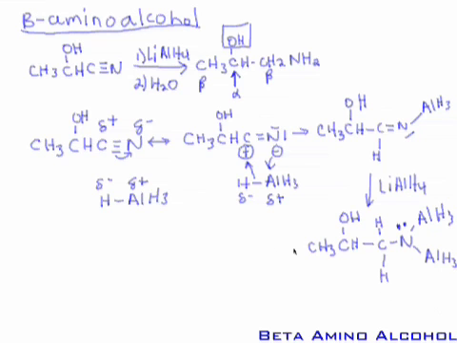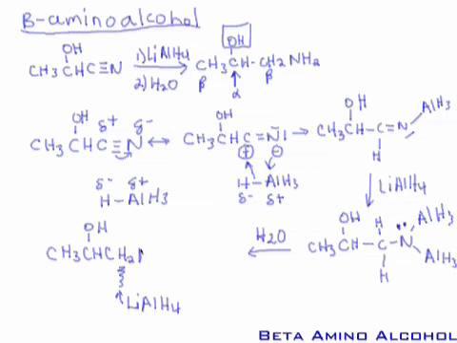The final addition of water hydrolyzes the aluminum, breaking it down into aluminum oxide salts, water-soluble salts, and protonates nitrogen, giving you your final β-aminoalcohol. So the two H's, these two H's right here, they came from the lithium aluminum hydride. They came from LiAlH4.